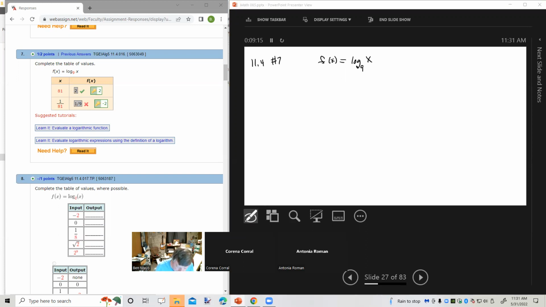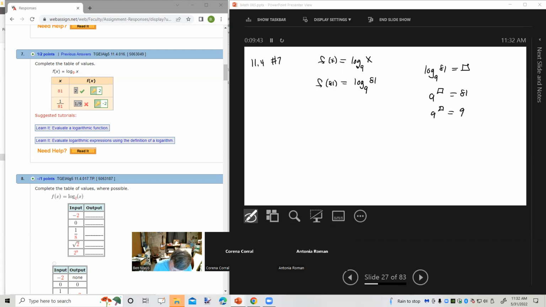Of x. So then f of 81 would be log base 9 of 81. Well, log base 9 of 81 equals some unknown quantity, we'll call it box. If I take this logarithmic equation and write it as an exponential equation, it would be 9 to the box power equals 81.